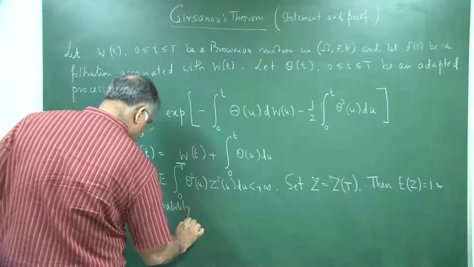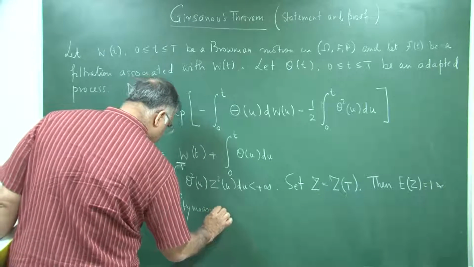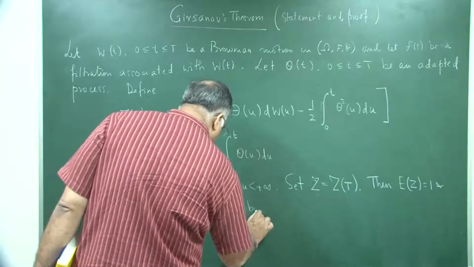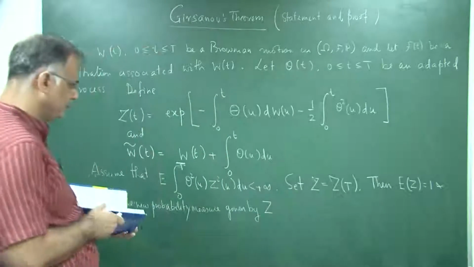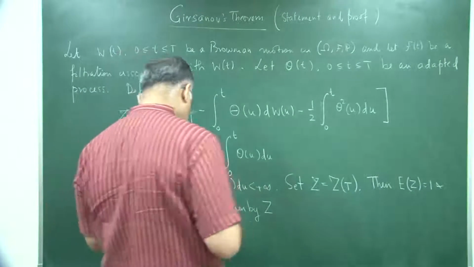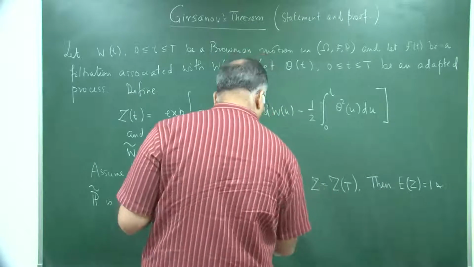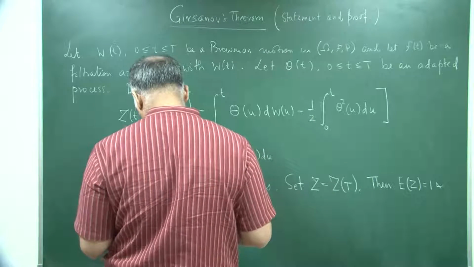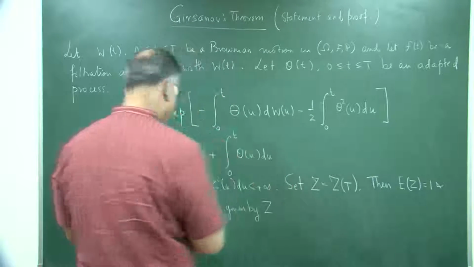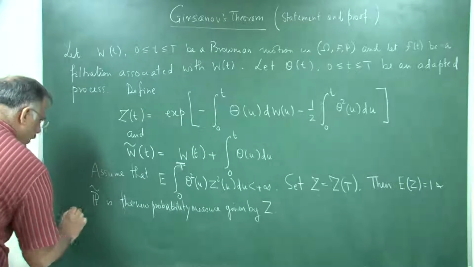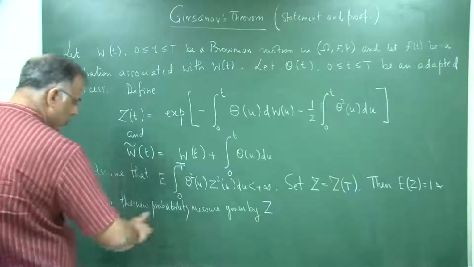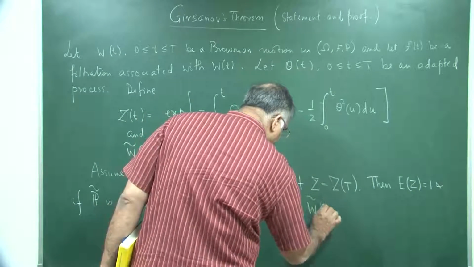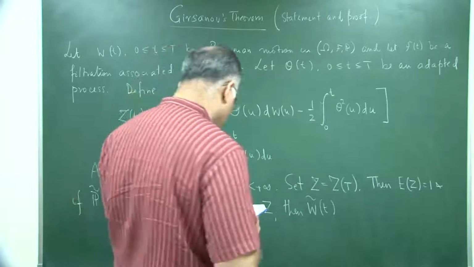Probability measure given by Z. And if P tilde is the new probability measure given by Z, then W tilde t is a Brownian motion under P tilde.